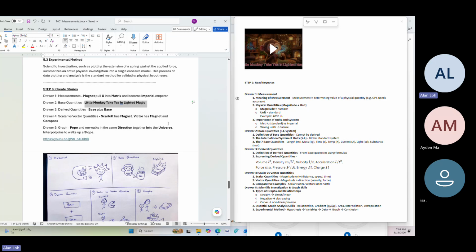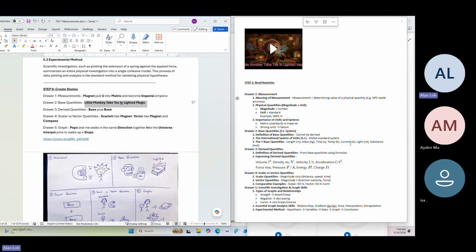Little monkey take tea, that means he drinks tea, in lighted magic. So L is length, monkey is mass, take is time, T is temperature, in is current. Okay, I use current, so it's a bit tricky over here.